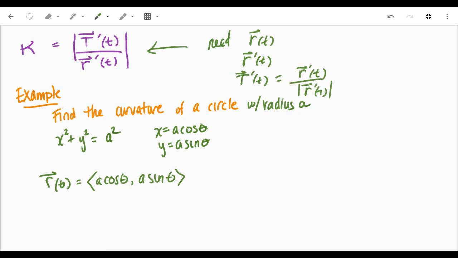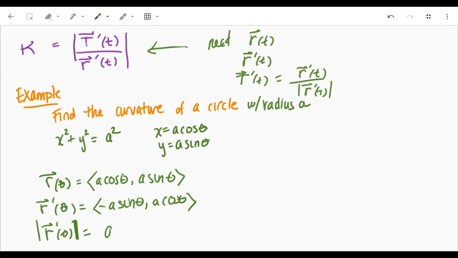So r prime of theta will be <negative a sine theta, a cosine theta>, and the magnitude of r prime of theta will be the square root of a squared sine squared theta plus a squared cosine squared theta, and that can be simplified down to just a. You can factor out the a squared, and sine squared plus cosine squared is 1, and then you have the square root of a squared, which is a.